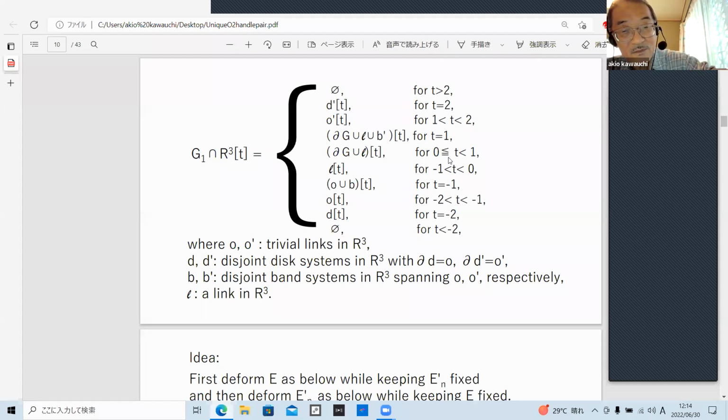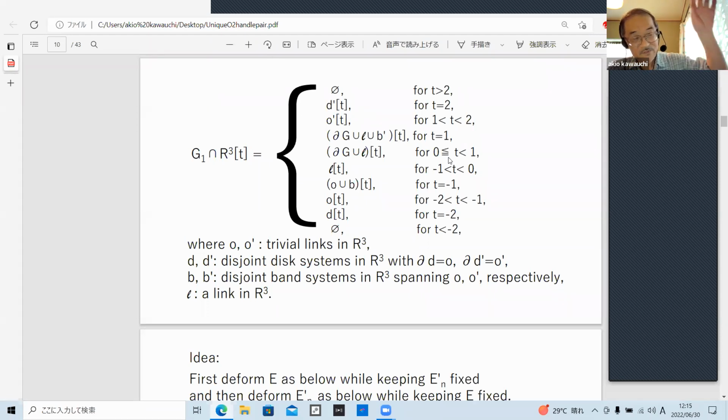Also at T equals 1, a new band appears, with some surgery, and a trivial link appears from -1 to 2 level. Trivial disks D dash appear. The main point of the normal form is the fourth coordinate, the fourth axis.